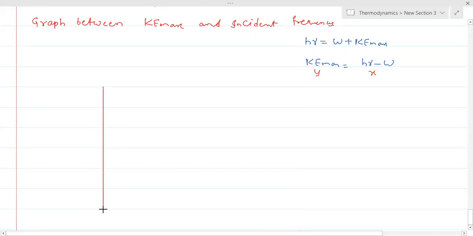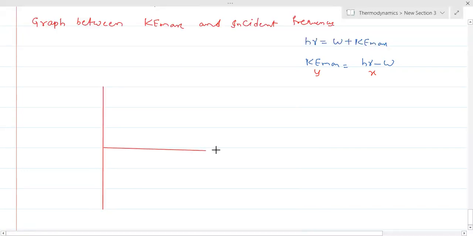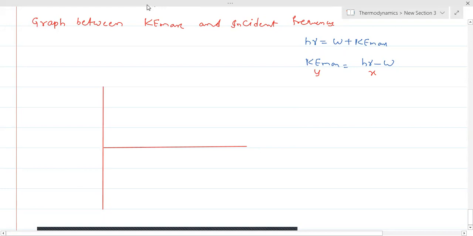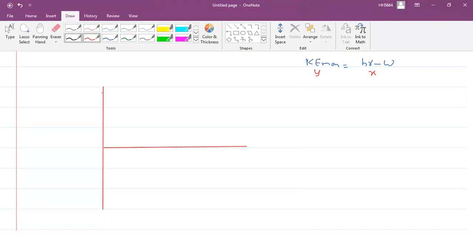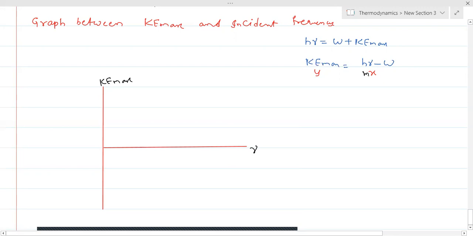For example, this is the y-axis on which we are taking Ke maximum, and this is the frequency of incident light. So simply we can see y equivalent to mx plus c, the same story.